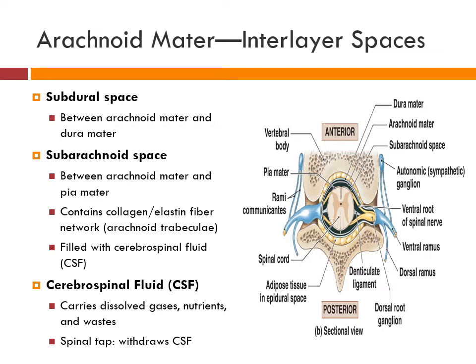So this contains collagen elastic network and the arachnoid trabeculae, and the subarachnoid space is filled with our cerebrospinal fluid. So we have cerebrospinal fluid that is always floating all around the spinal cord, and it is within the subarachnoid space.